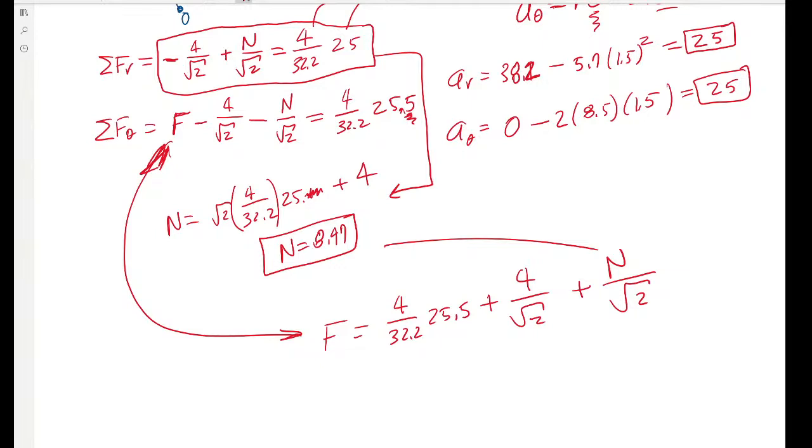Add that, and then 8.47. And I get 11.98 on mine.